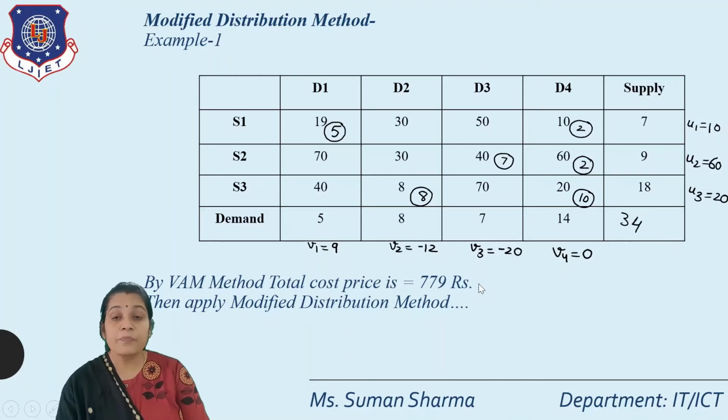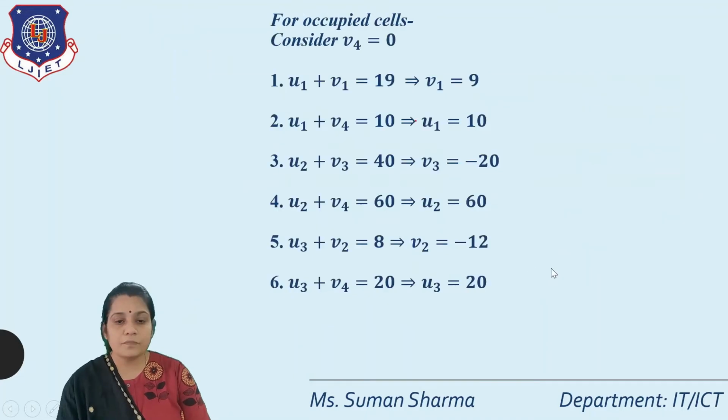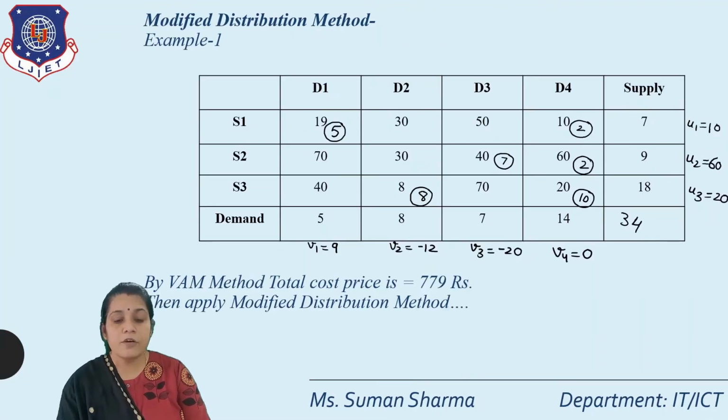Then apply the modified distribution method. You consider the rows U1, U2 and U3, and according to the columns we have V1, V2, V3 and V4. After that, we find the occupied cells. Before that, first you consider any one row or any one column equal to 0.